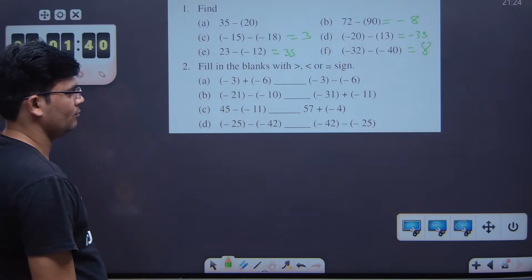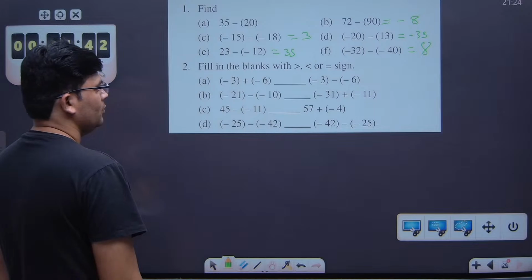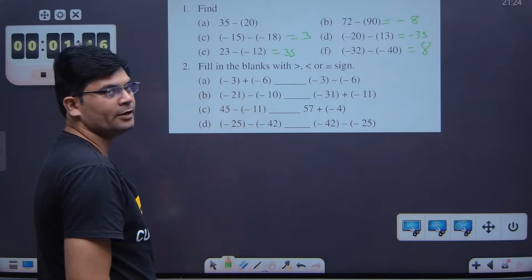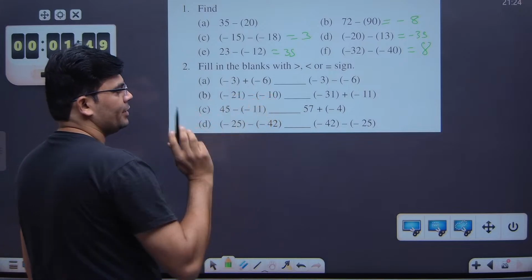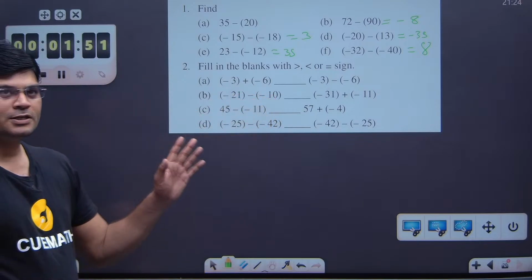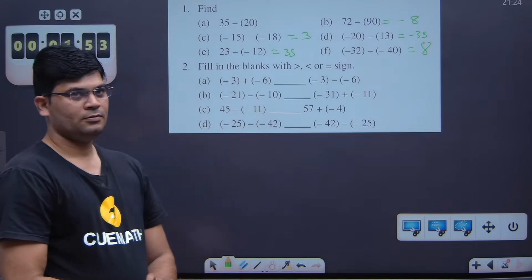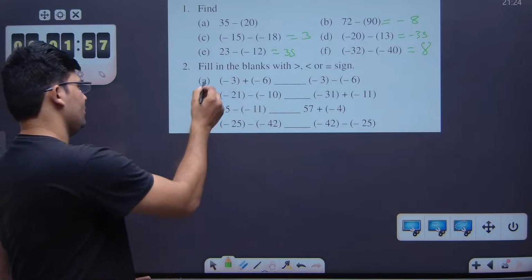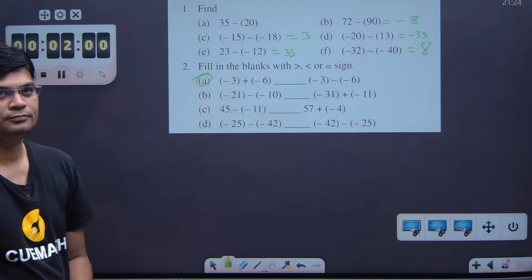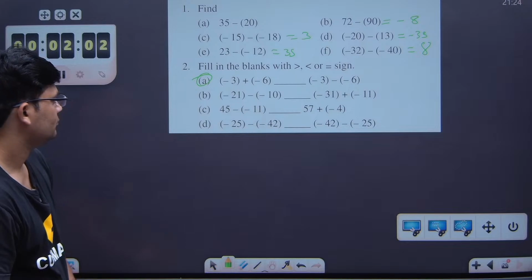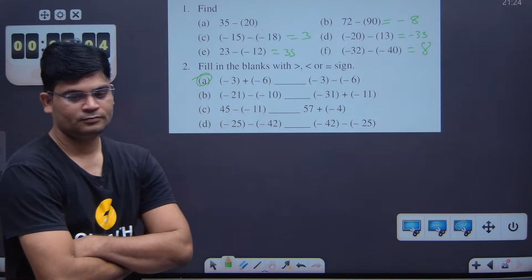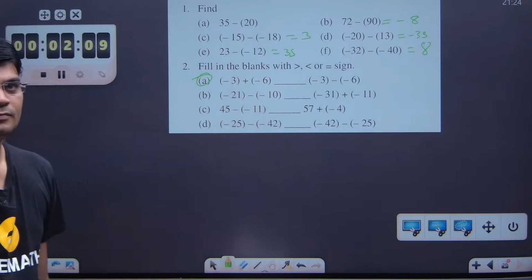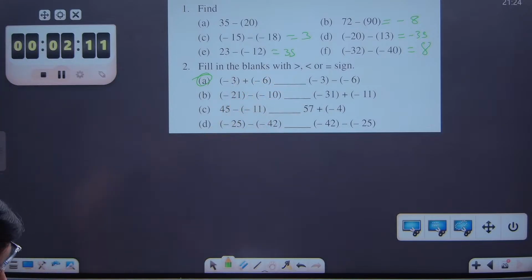The second one: you have to tell me which is greater, the left side or the right side. If the left side is greater, you will say left side. If the right side is greater, you will say right side. For the first A, second A. Right side. Right side? Yeah.